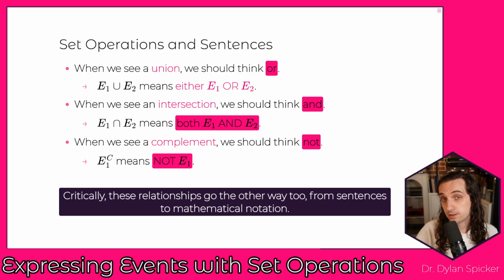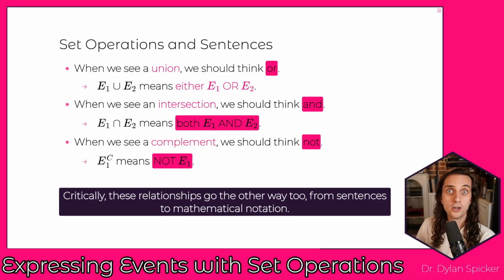Now, what's really important for us to notice is that we can go both ways with these relationships. So we can go from seeing a union or an intersection or a complement to a sentence about it. But also, if we're expressing something as a sentence, then we should be able to go back to express this in terms of the set notation. And that's going to be a critical direction to go because oftentimes we're going to be thinking about events in terms of their words in the real world.